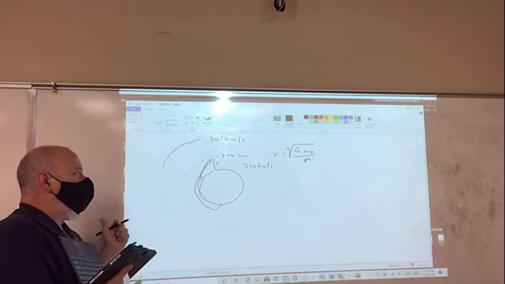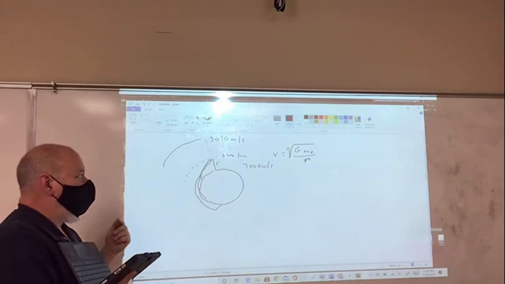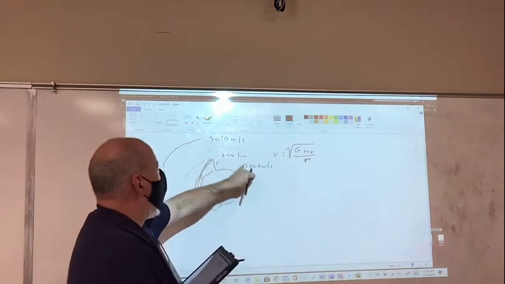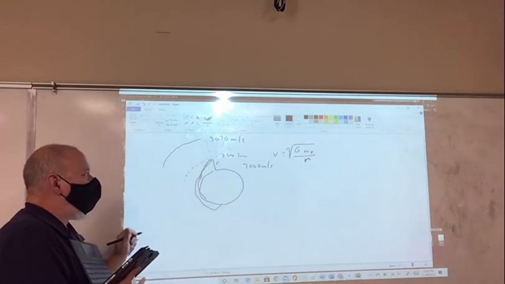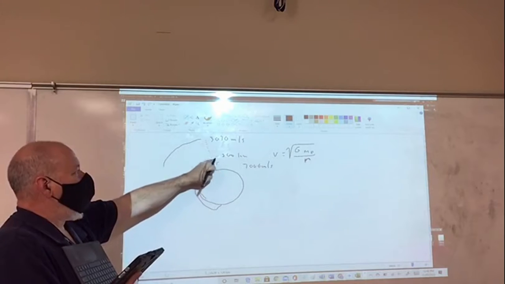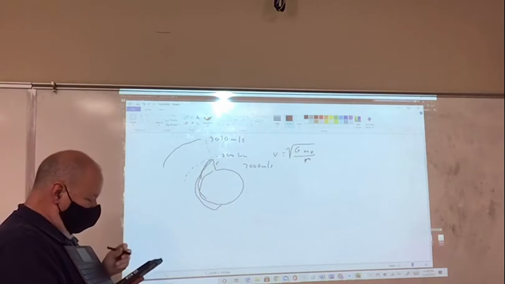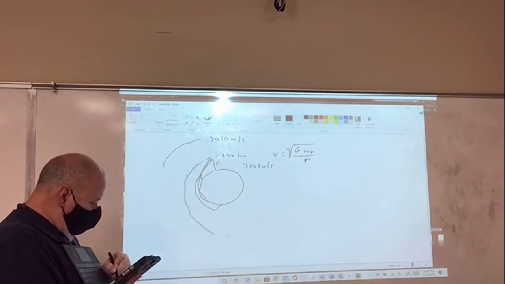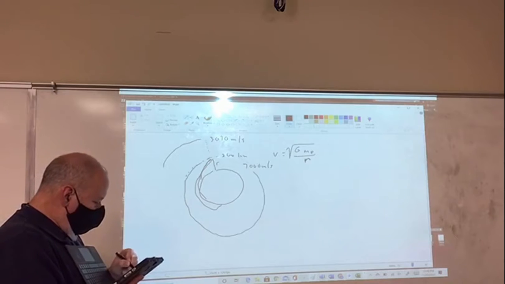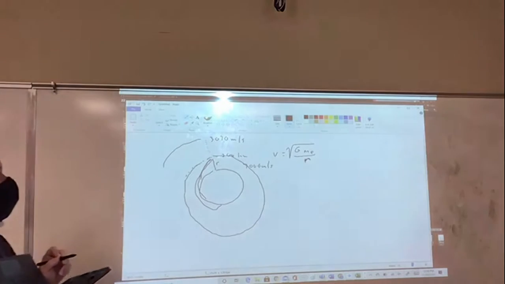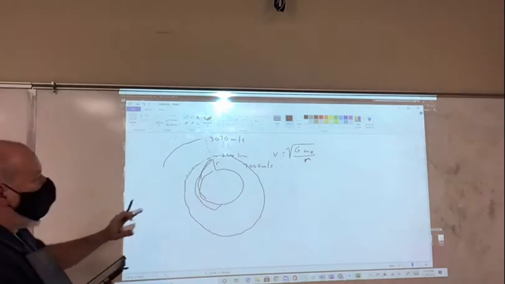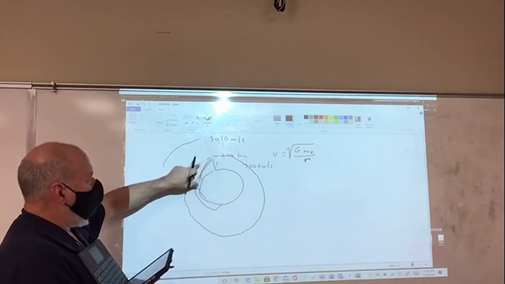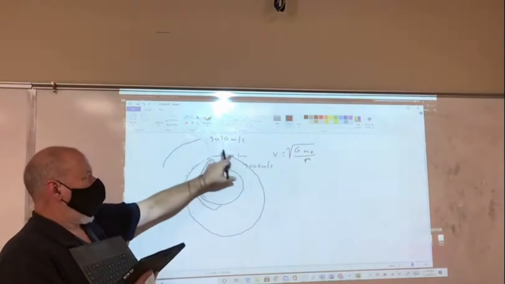Now, the other thing that could happen, and this is what's more likely to happen, if I am in a circular orbit and I speed up and I stay that radius from the Earth, is that I'm going to go into an elliptical orbit. Okay? So just to be aware, if I speed up, what's really more likely to happen than going into a higher circular orbit is that I'm going to go into an elliptical orbit.